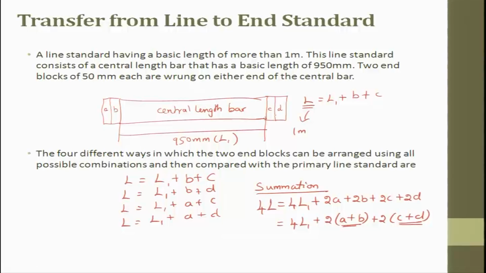So we make sure there is no gap in it. What we have done here is that this is a central bar, we have taken a block A, B, or we can take C or D. We can join these giving various combinations, and finally sum it up and write it in this form.